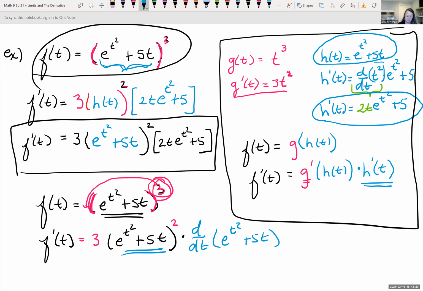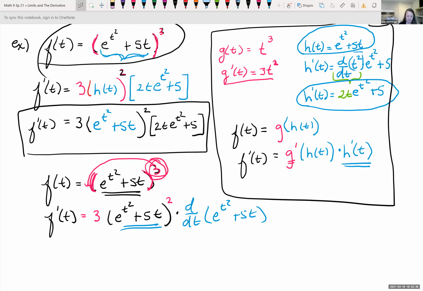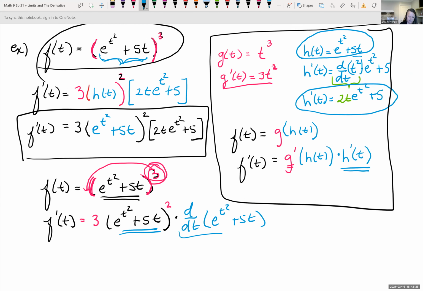Then jump down and take the derivative of this really quickly, and we've already done that work. I just wanted to show how I normally would walk through this with you guys. Maybe we should do a couple more like that.